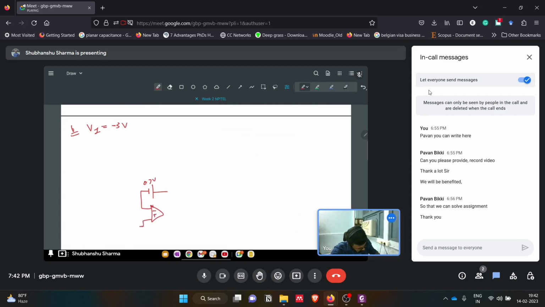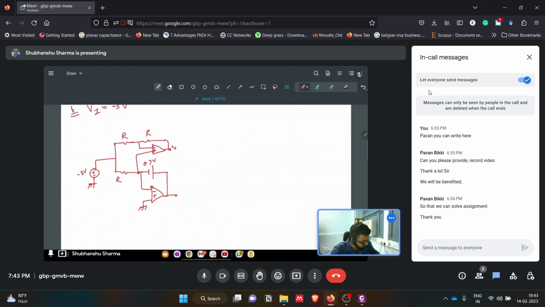This will be R, this will be R, and we are giving minus 3 volts as VI. Since there is now negative feedback involved, the virtual short concept can work here.